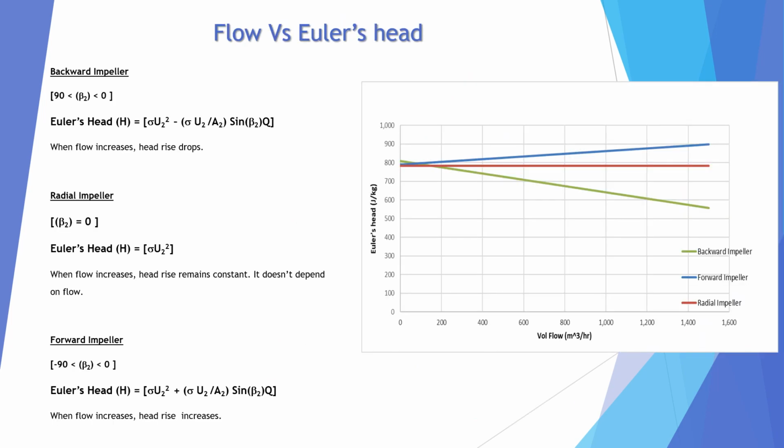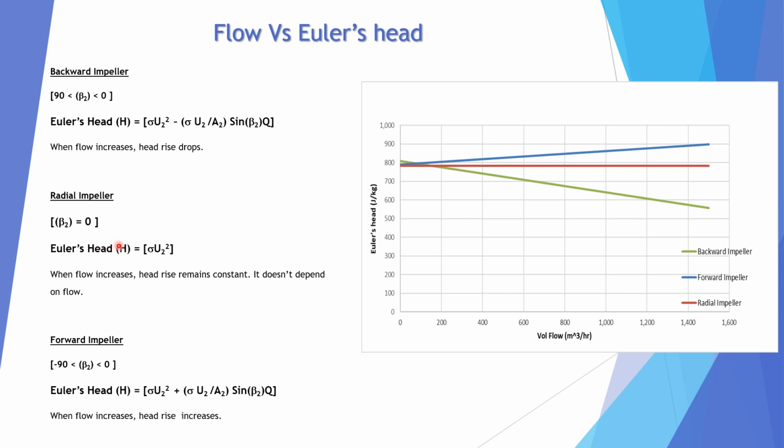The same thing is shown on the graph. This is x-axis flow, y-axis is Euler head rise, and if you see on the backward side, the backward impeller head rise expression is this. You can see here, this is backward, it starts decreasing as per this equation when this whole term is constant but Q is increasing, that is why H is decreasing.